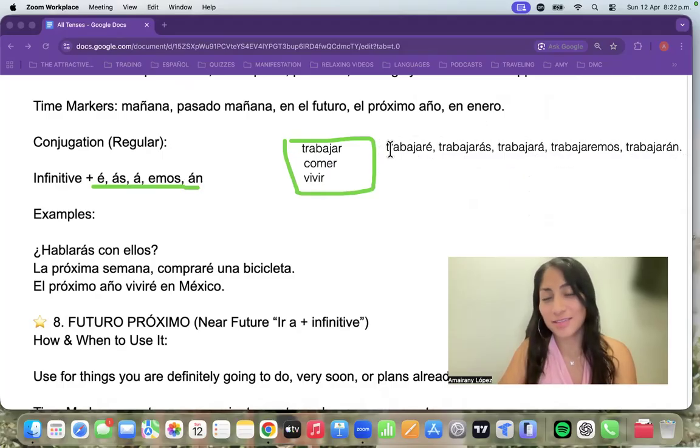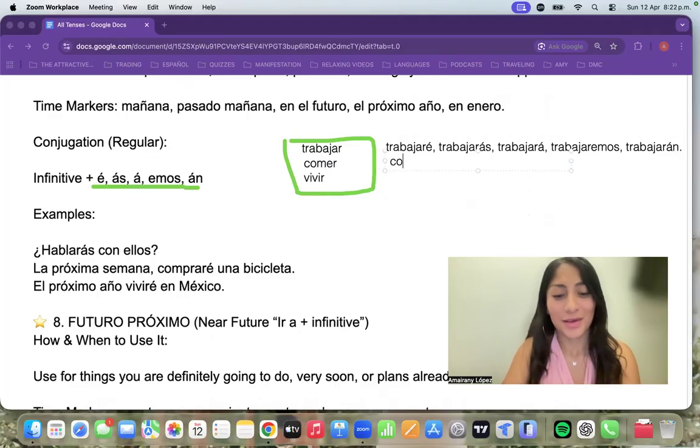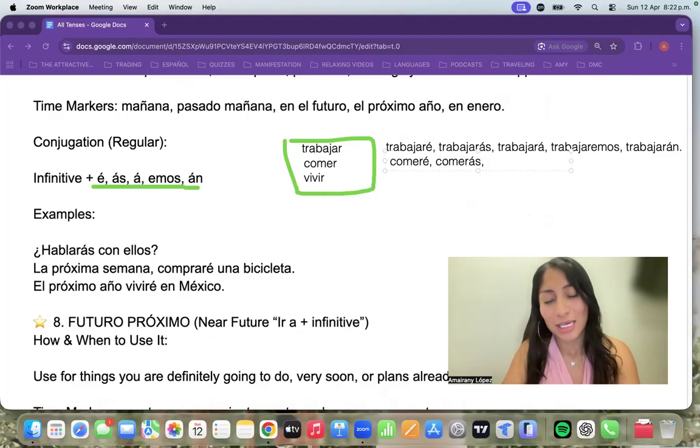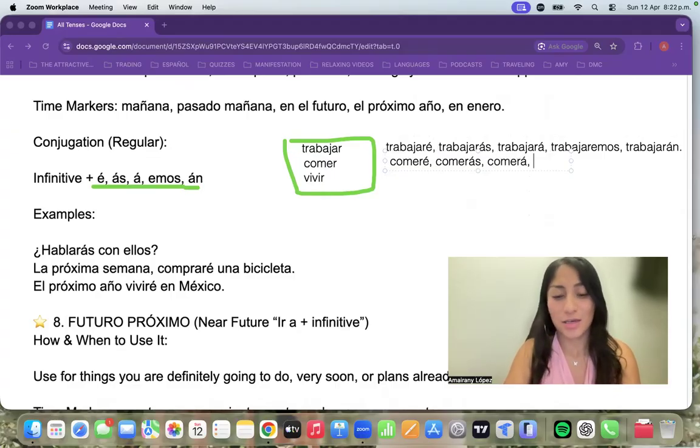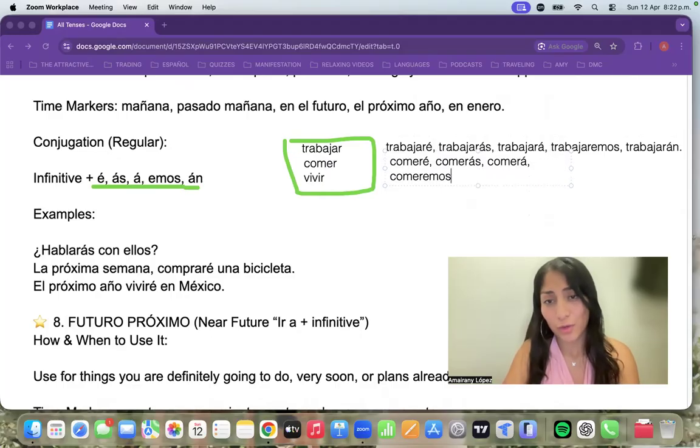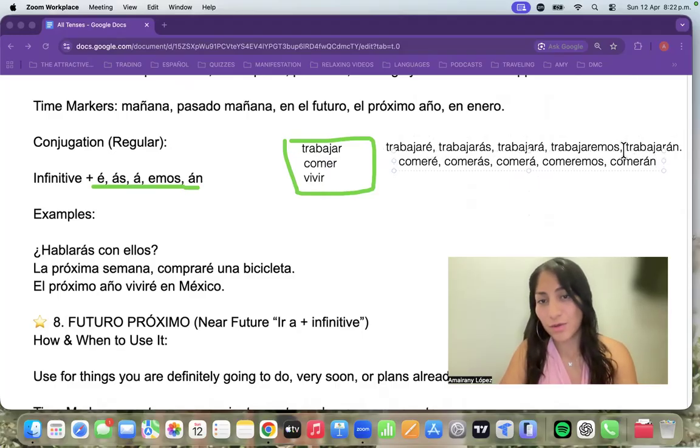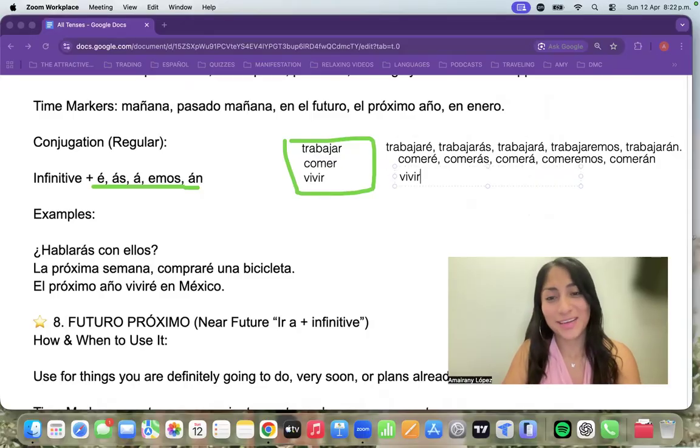Comeré, I will eat. Comerás, you will eat. Comerá, she, he, it will eat. Comeremos, we will eat, and comerán, they will eat. Okay, so there we go. Perfect. And same with vivir.